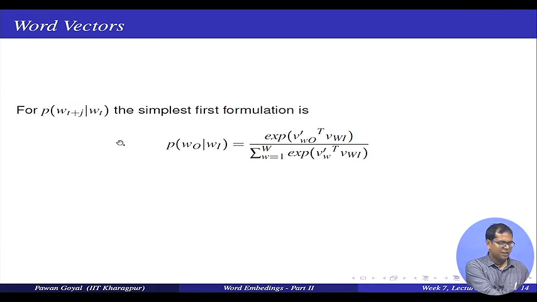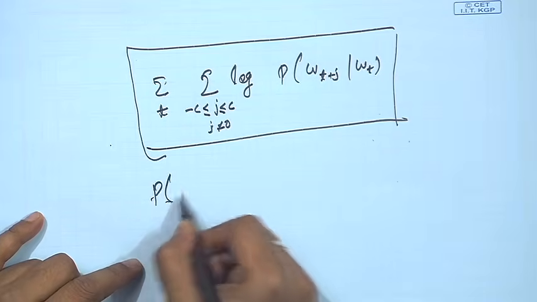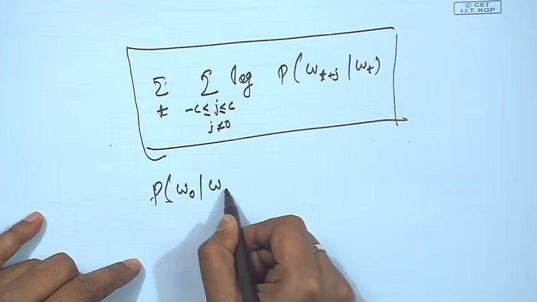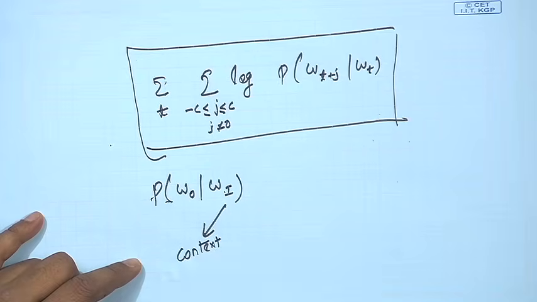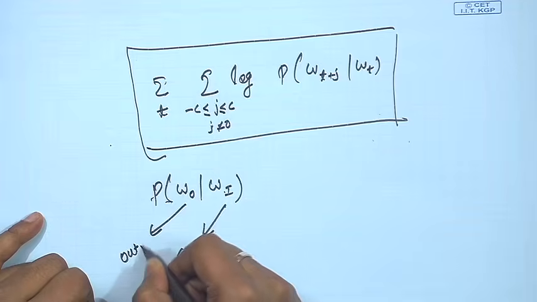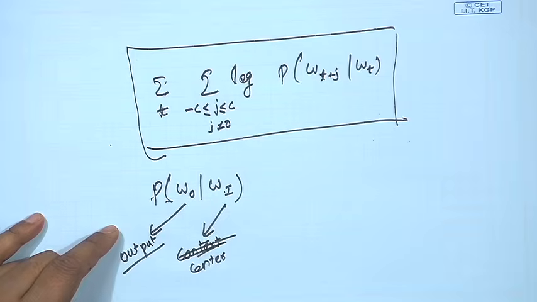So firstly, let us see how we will compute these probabilities. Probability of W t plus j given W t. Now you have already seen that in the case of using the network, but using some mathematics we can show that. So the idea is that, let us say I have a probability P of W O given W I. So W I is my center word, and W O is the output word.